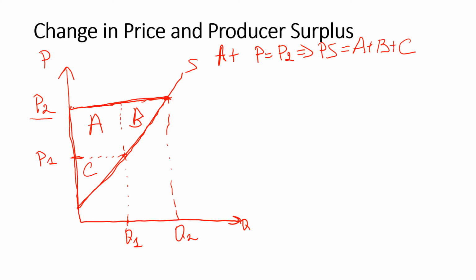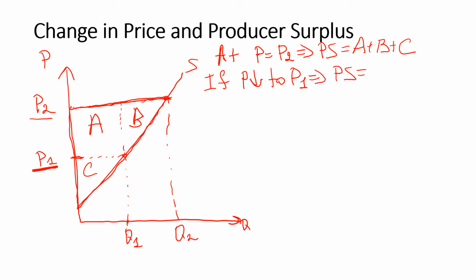Now, when the price of the product has decreased to level P1, our producer surplus is going to change, isn't it? So if the price is decreasing to level P1, what is our producer surplus?